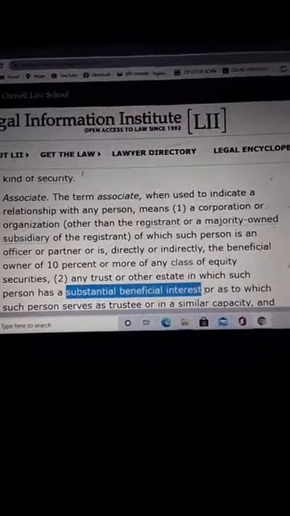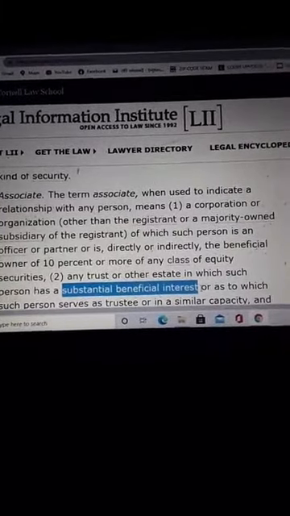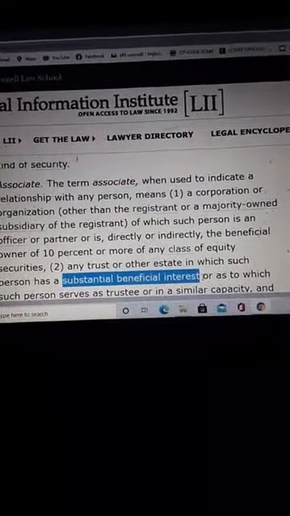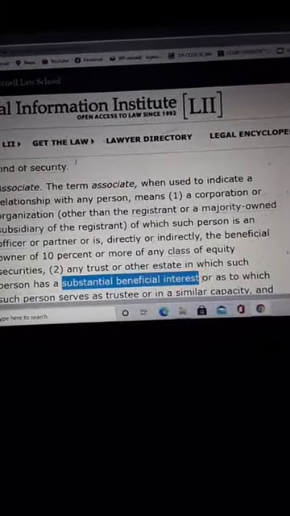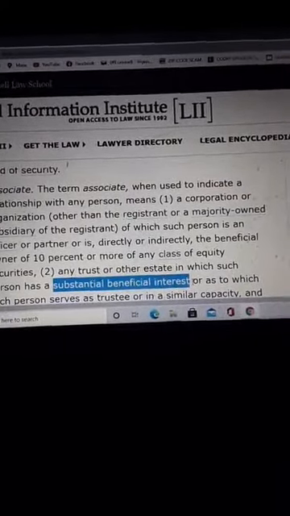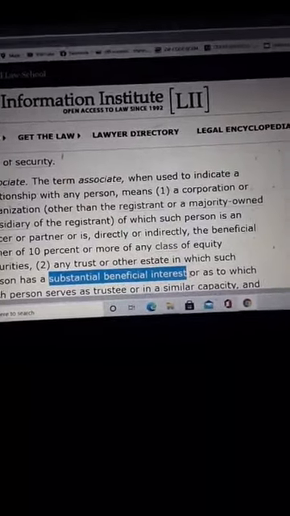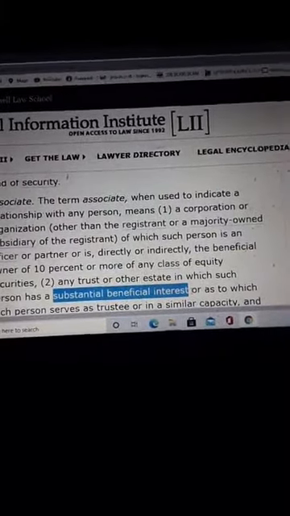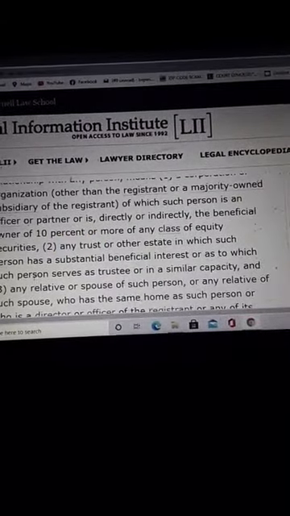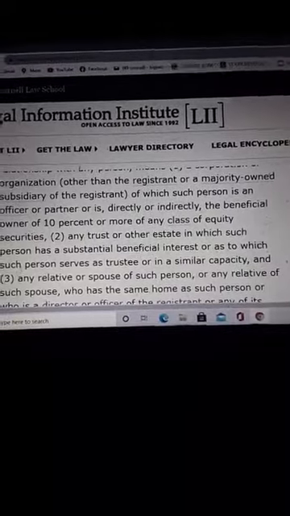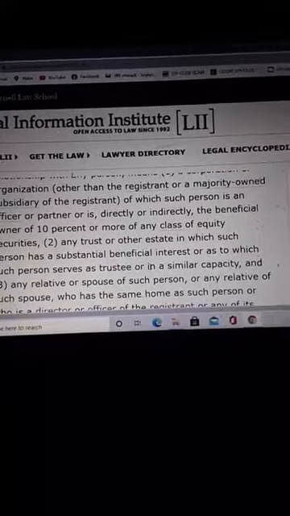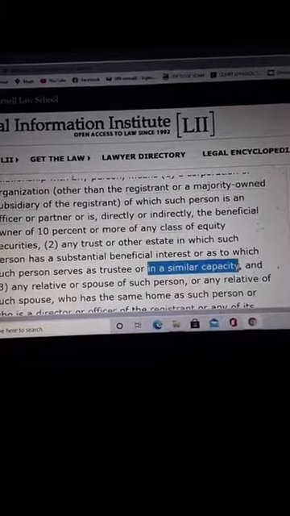That is inherently wrong, but there's not much you can do about it except when you fill out that box to mark other and put beneficial entitlement holder or payor or something to that effect, letting them know your superior capacity in their trust, or as to which such person serves as trustee or in a similar capacity.